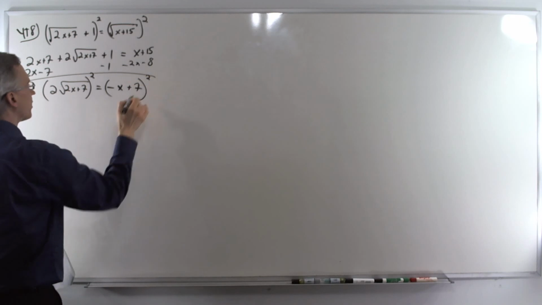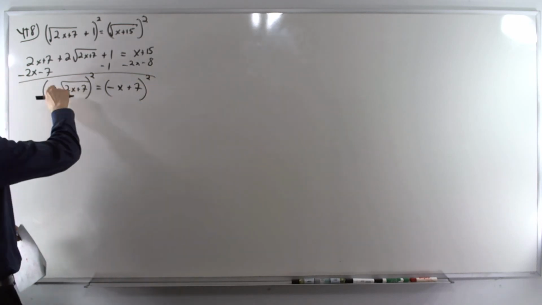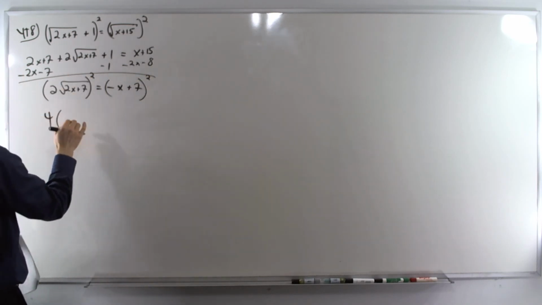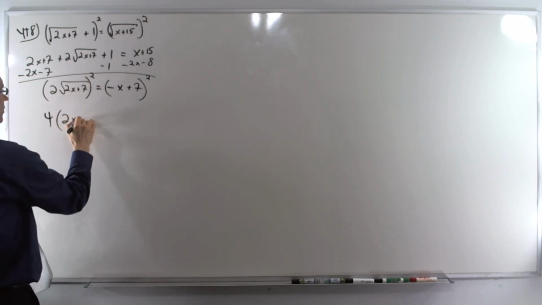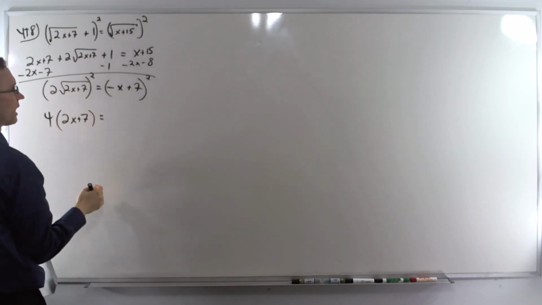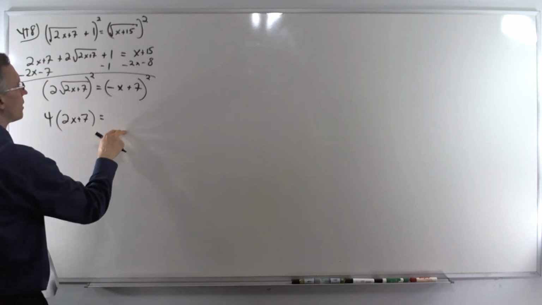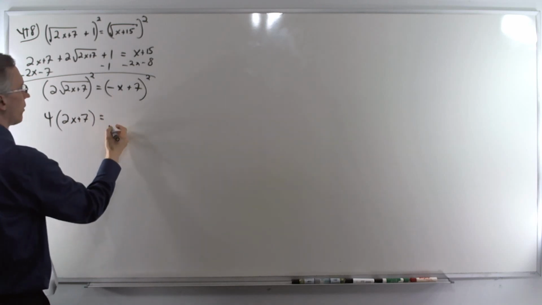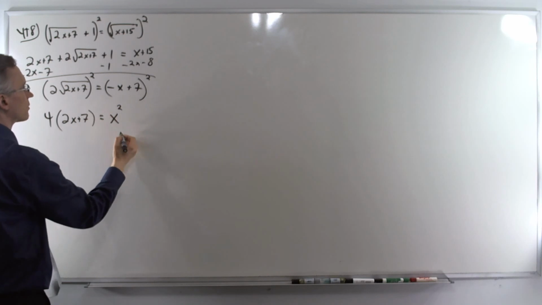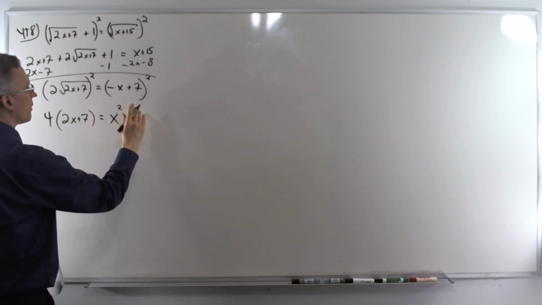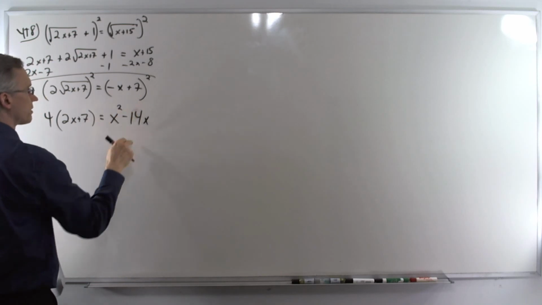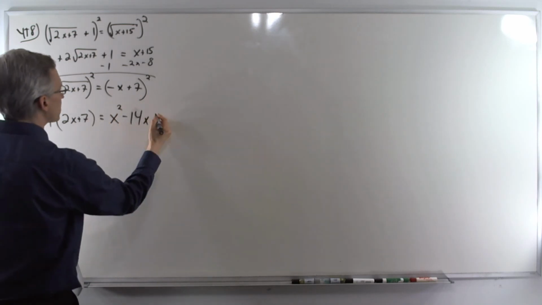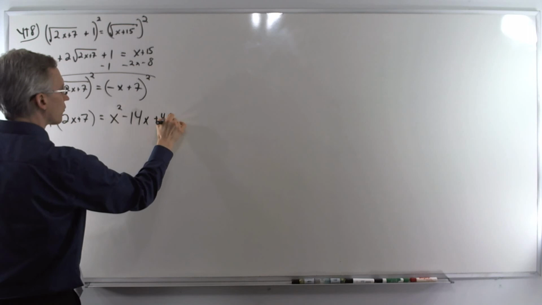And that will get rid of the second radical. All right, 2 squared is 4 times this thing squared, this radical squared is 2x plus 7. And on this side, we're going to FOIL this thing. So that will be x squared minus 14x, right? 2 times a times b, and 7 squared, so plus 49.